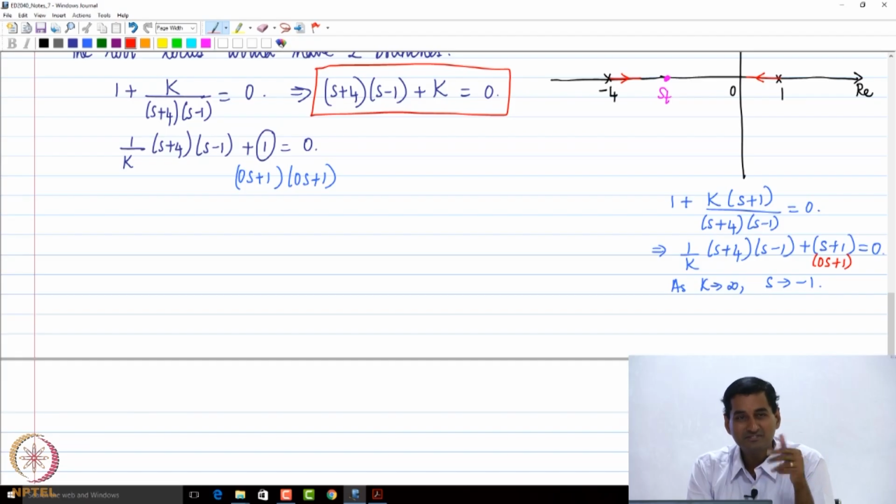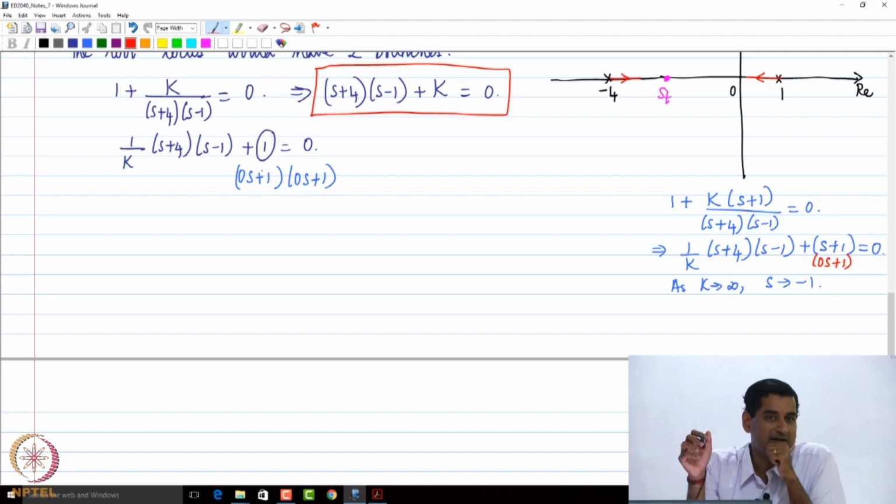Or if you don't prefer 0, you put epsilon tending to 0, because we are looking at the limit analysis. So you write epsilon s plus 1 times epsilon s plus 1, epsilon being very, very small. The product will tend to 1. So essentially you will see that the value of s tends to infinity. How it goes to infinity, we are going to find out.